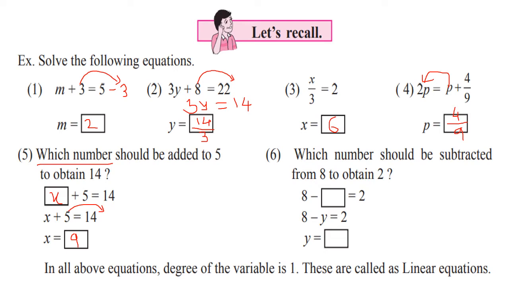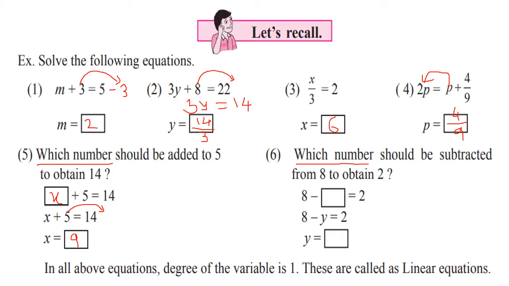Similarly next, which number should be subtracted from 8 to obtain 2? Again, this is an unknown number. In place of that we will take any alphabet, but here you will observe that the alphabet used is y. So we will subtract y from 8.